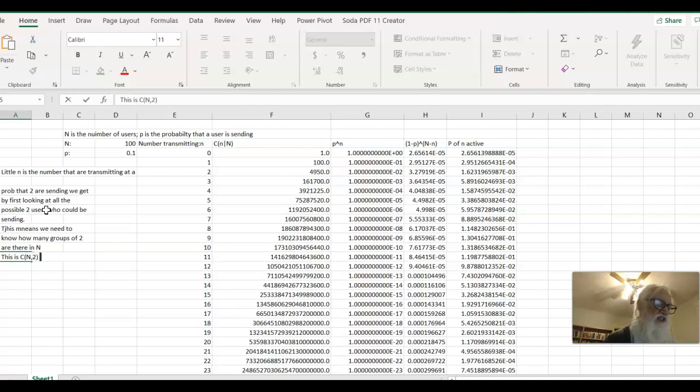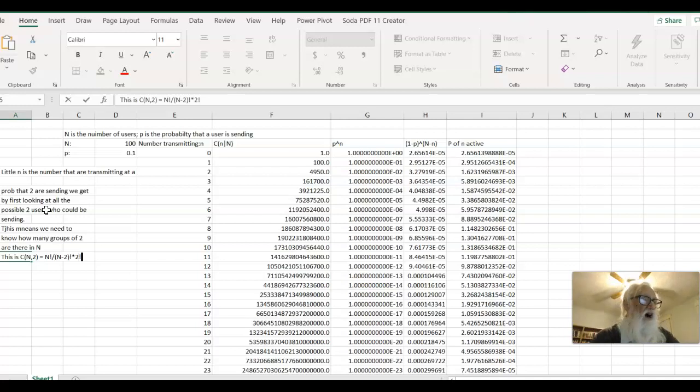And by definition, it's the following. Well, you can prove it's this, but I'll just give it by definition at this point. It's capital N factorial divided by N minus the 2 factorial times 2 factorial.